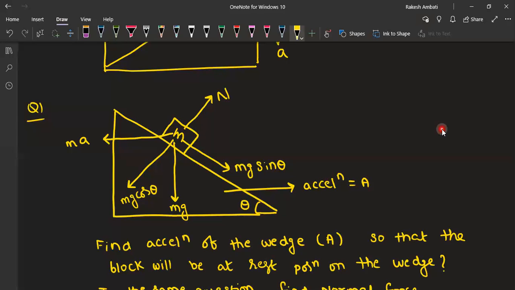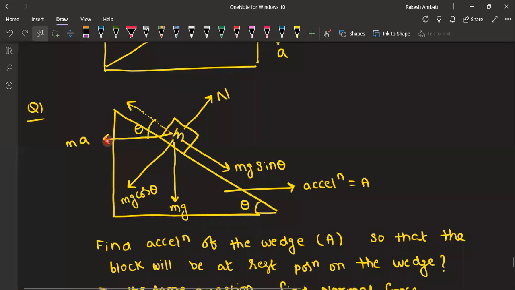This pseudo force we have to resolve into components. If this angle is theta with horizontal, then over here also the angle is theta, because same horizontal.